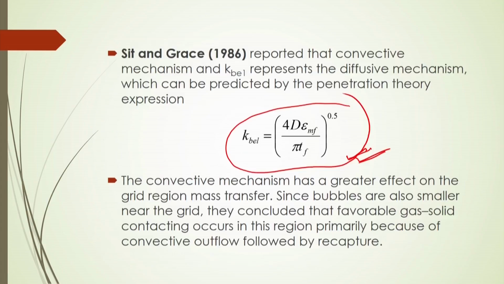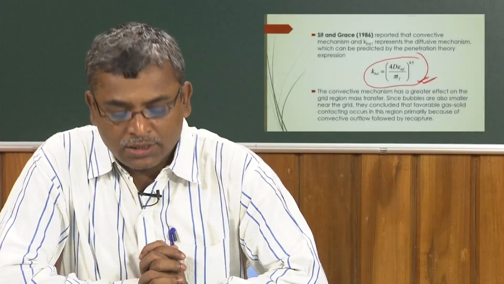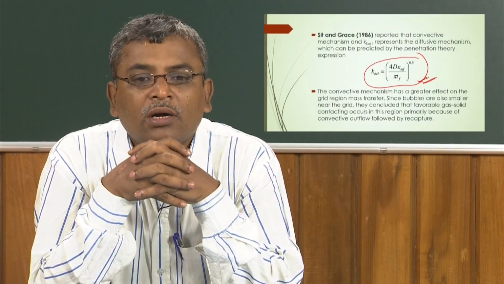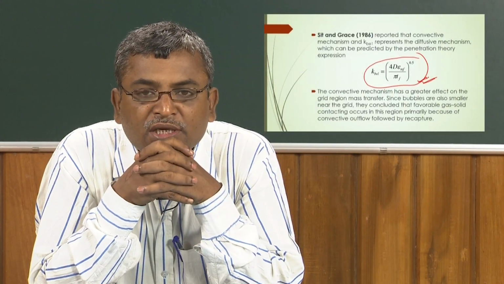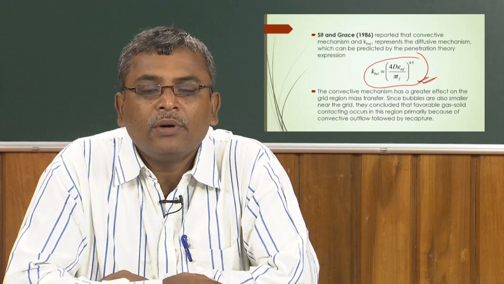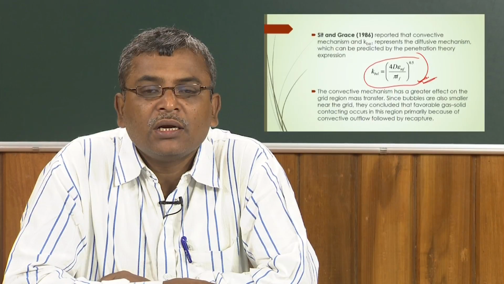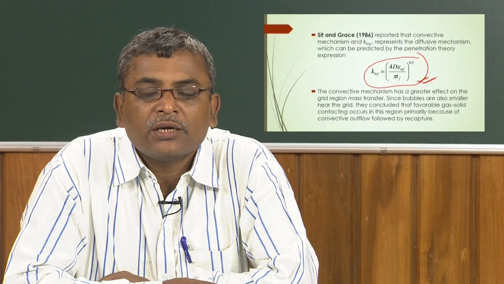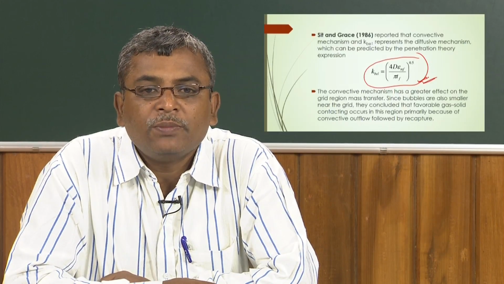So, I think we have discussed the mass transfer phenomena inside the bed for a single particle and for fixed bed conditions, and what the mass transfer characteristics should be in a bubbling fluidized bed.